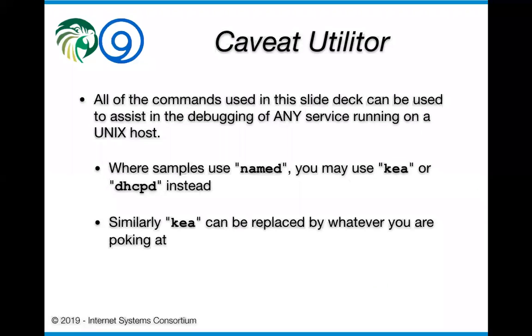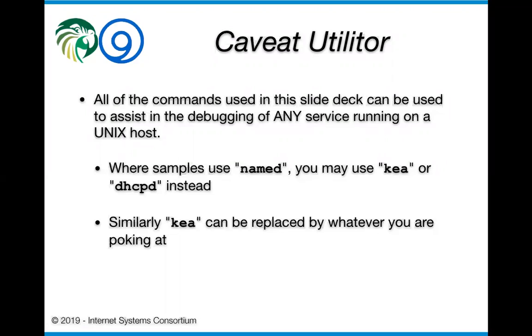The other thing that I'd like to point out here is that this isn't just a Unix admin for DNS and BIND and DHCP and Kea administrators. It's basically a Unix cheat sheet, or a Unix way of doing things, that can be used for any of the services that you have running on a Unix host.